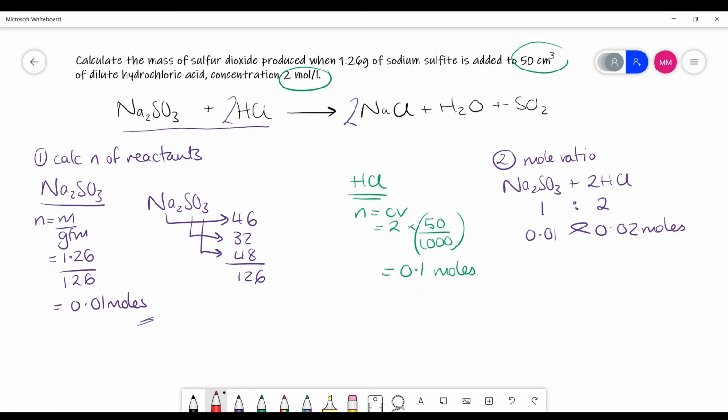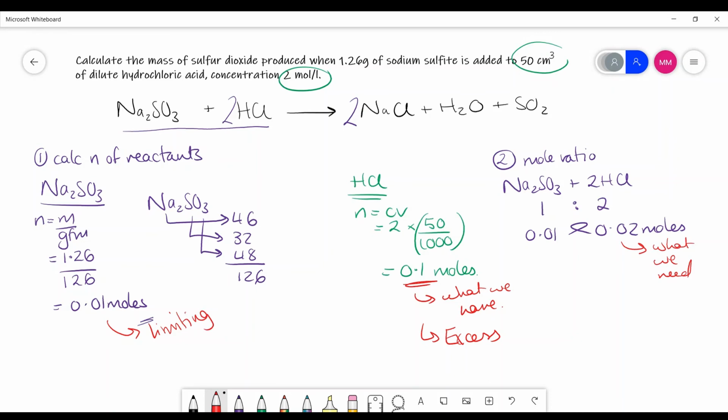So we can see that this is what we need, and this here is what we have. We can clearly see then that the hydrochloric acid is in excess, and our sodium sulfite must be our limiting reagent.